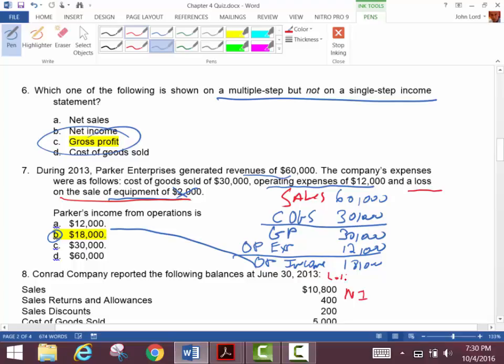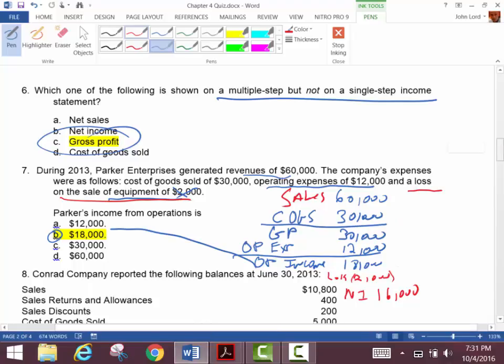So then I take the loss, don't I? 2,000. And so my net income would be 16,000 here if they had asked me that, which they did not. So interest and gain and loss on equipment are not considered operating items. If I ask you for operating income, you ignore those. If I ask you for net income, you throw them in, right?